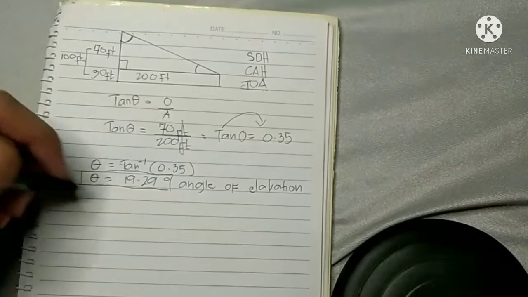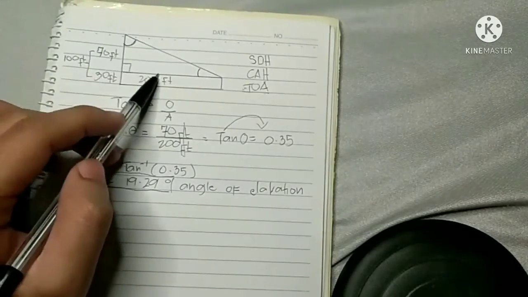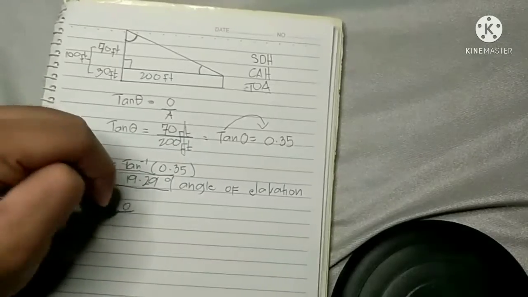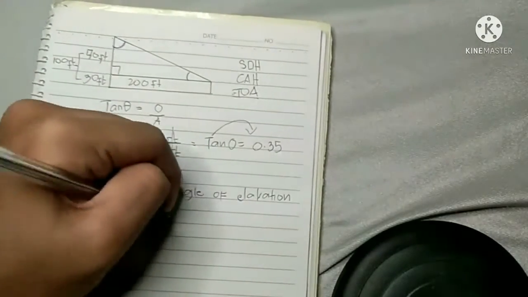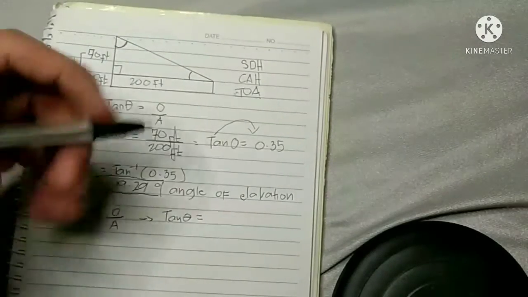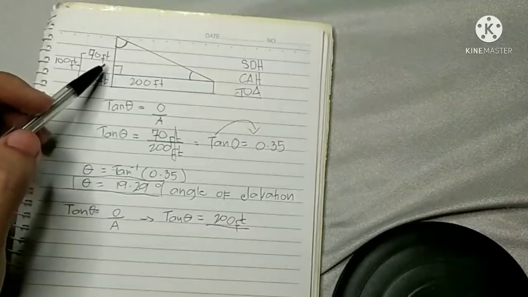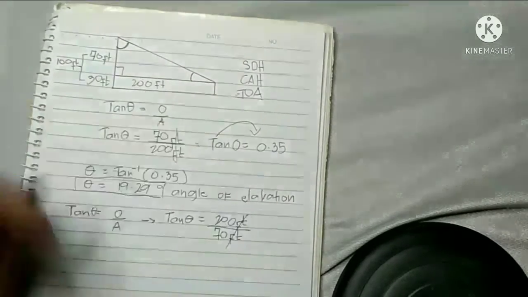So to find the angle of depression of our base, we can use our formula again, which is tangent theta equals opposite over adjacent. So our opposite will be 200 feet and our adjacent will be 70 feet.